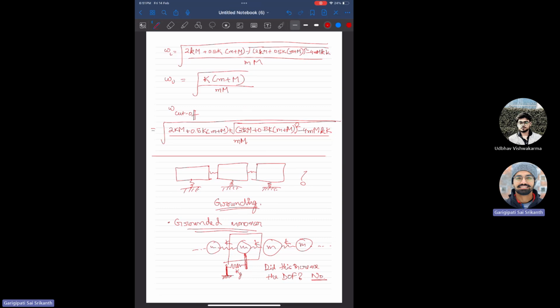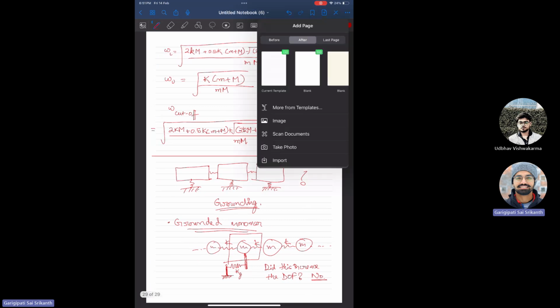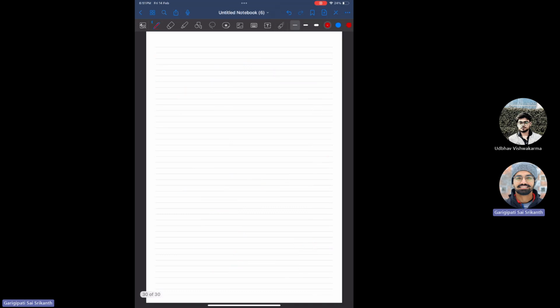For that, we have to draw the free body diagram this time, the free body diagram of the grounded monomer.